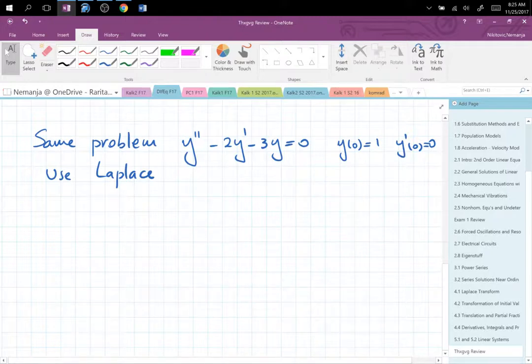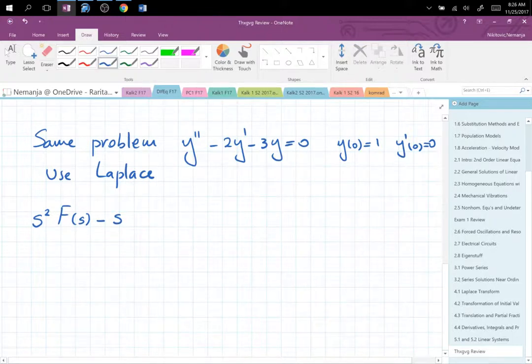So Laplace would ask us to use the formula for the second derivative, and if you remember, the transform was s squared F of s minus s times the first derivative.